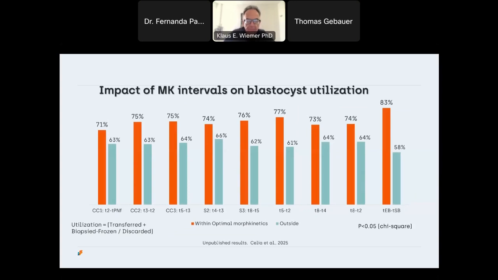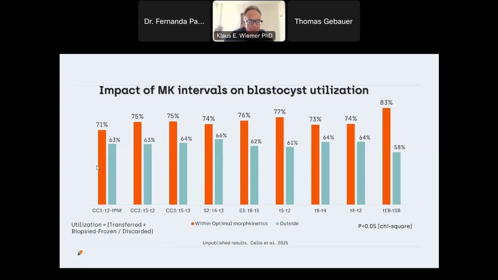So again, looking at some of the blastulation and utilization scores, we saw some of the slides earlier, but this is a slide again from a clinic here in California, and you can see that as long as embryos are dividing during their cell cycle events, the impact of these morphokinetic intervals on blastocyst utilization is really quite profound.